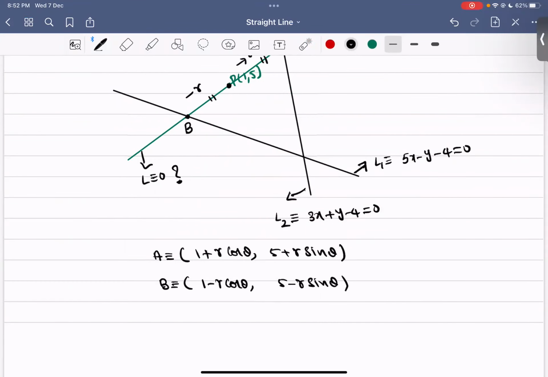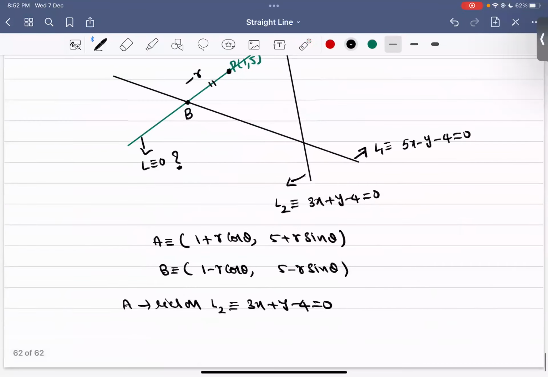A lies on L2, 3x plus y minus 4 equal to 0. Therefore 3 into x coordinate 1 plus r cos theta, plus y which is 5 plus r sin theta, minus 4 is equal to 0.